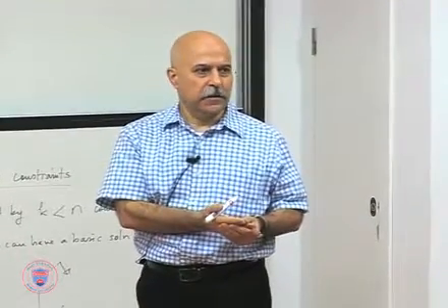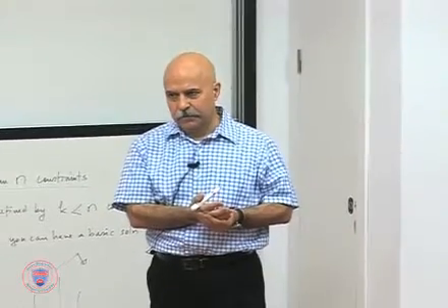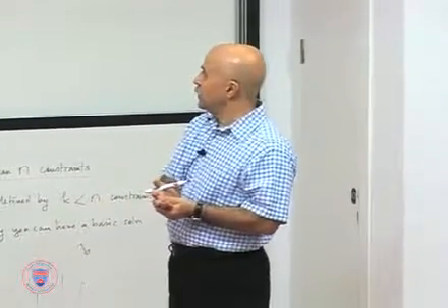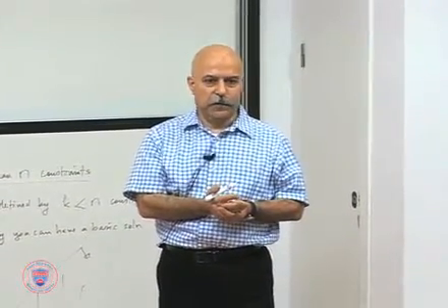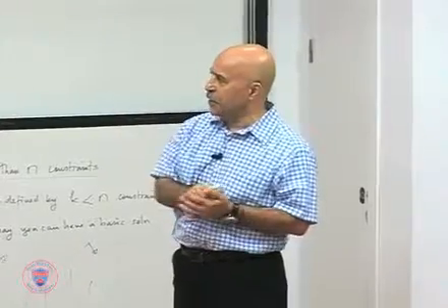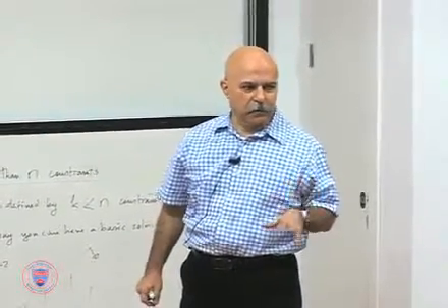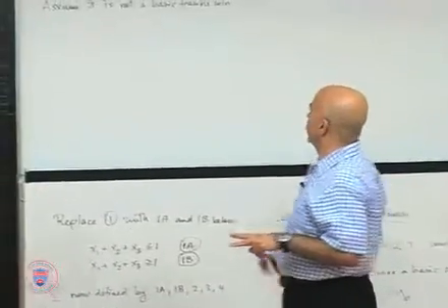The other possibility is you don't have n linearly independent constraints. Now, the first case is not a valid case. Why? Because X bar by assumption is inside P. So, for that reason, it's for sure feasible.